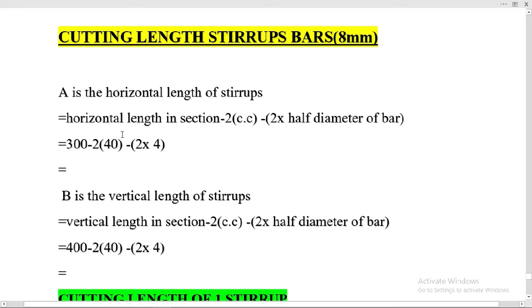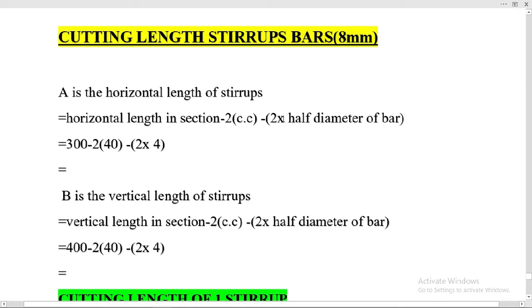So horizontal length, we have the section of the column 300 by 400. So horizontal length we have 300 in the section minus 2 into concrete cover, we have 40 millimeter, one concrete cover, multiplied with 2 to subtract the concrete cover from both sides, minus 2 into 4. Diameter of the stirrup is 8 millimeter.